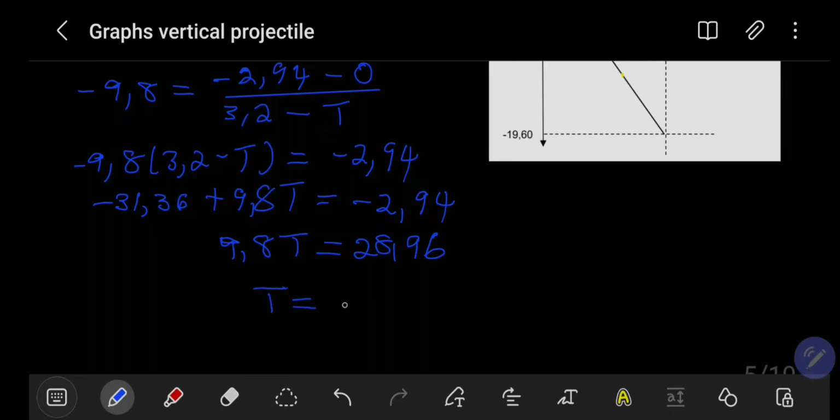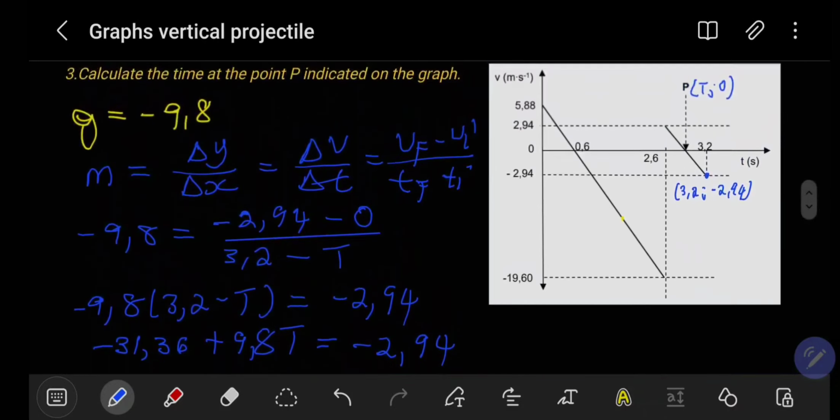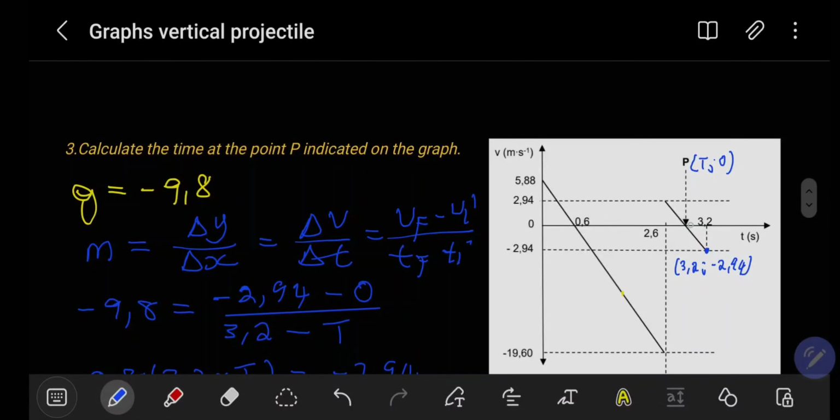Then our time there becomes 2.955 seconds. So it means the time at t is 2.99 seconds.